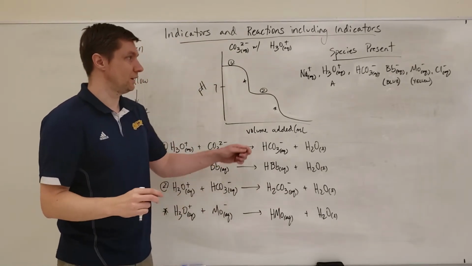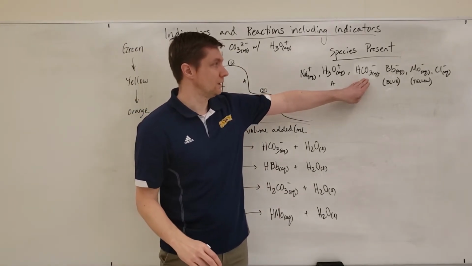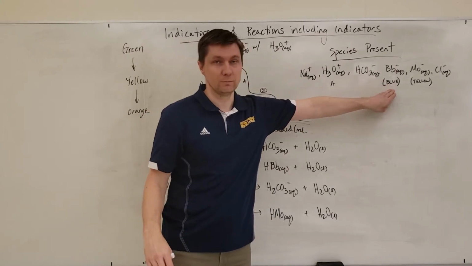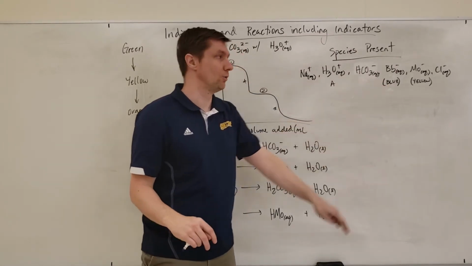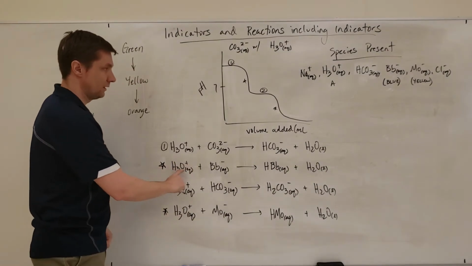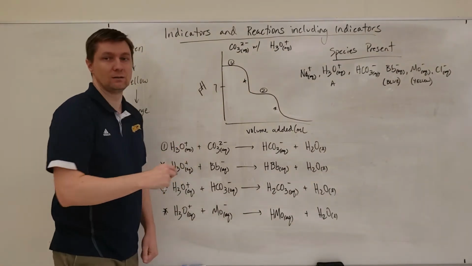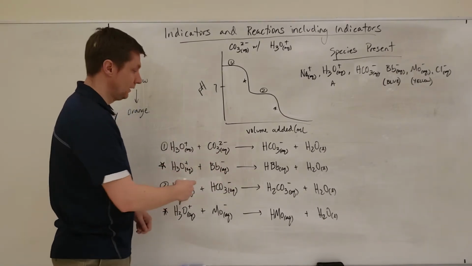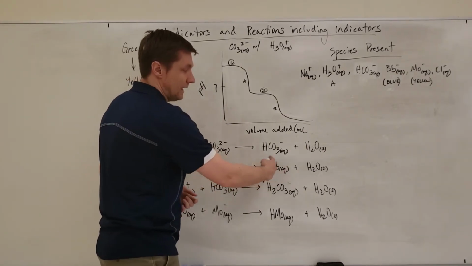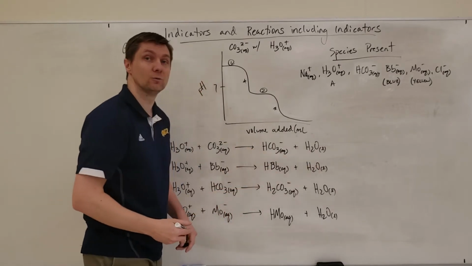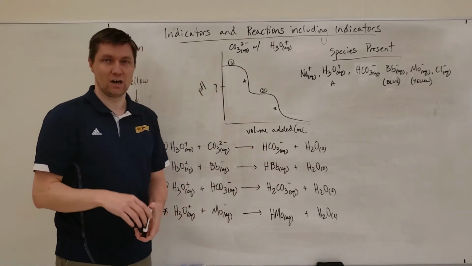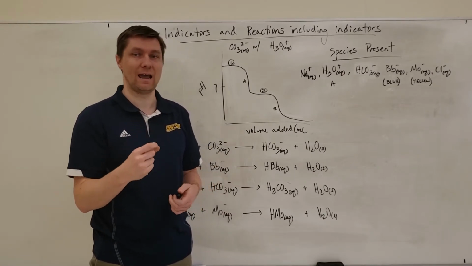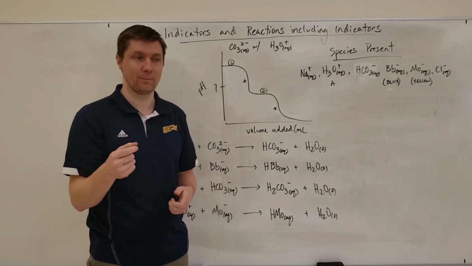But it turns out that HCO3- is not quite as strong of a base as Bb- is. So the hydronium ion at this equivalence point is going to choose to react with this Bb- ion, making HBb and H2O. As you saw, I only added 1 or 2 drops of each of the indicators, so it doesn't take a lot of acid for that color change to happen.